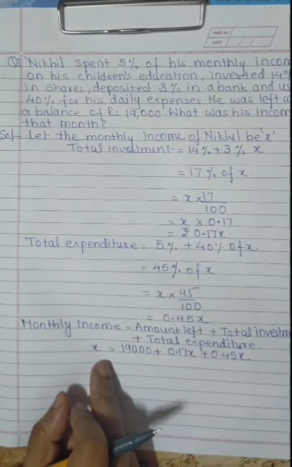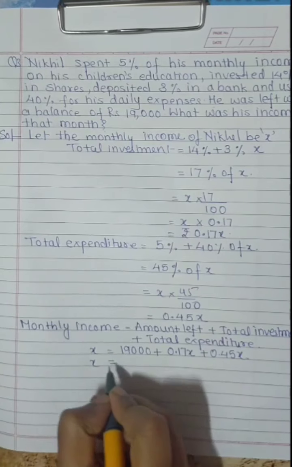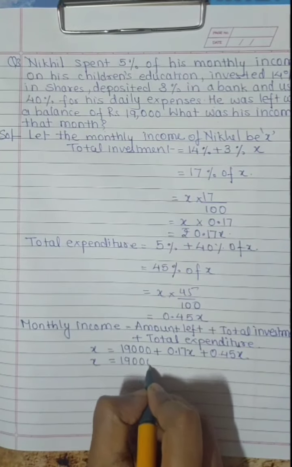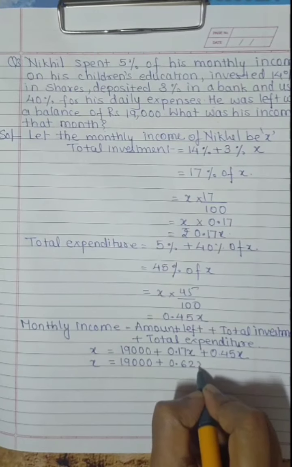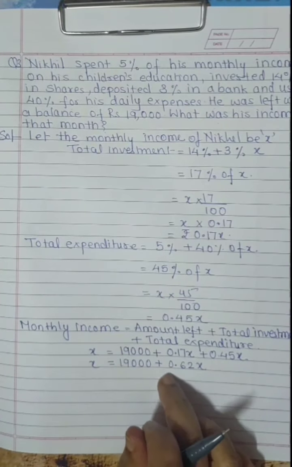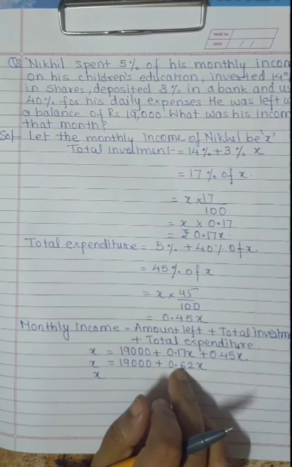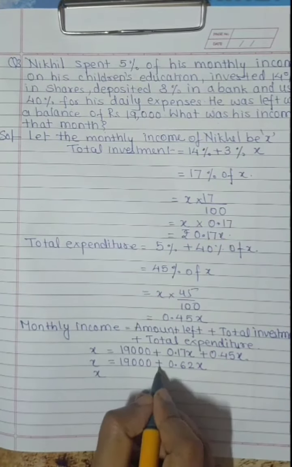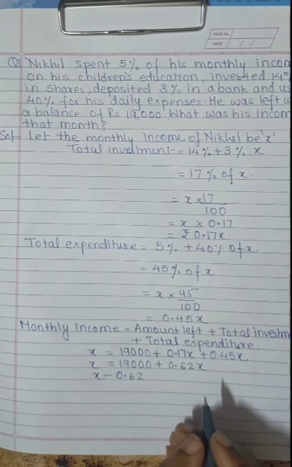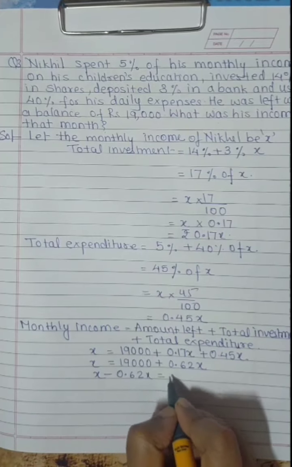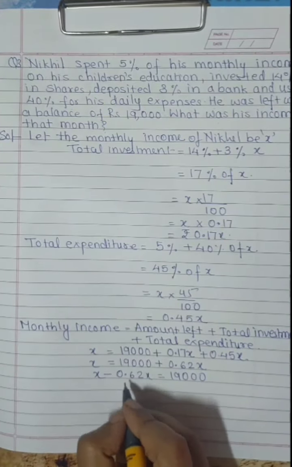After this we add both. x is equal to 19,000 plus 0.62x. So we take this to this side, so plus will become minus: x minus 0.62x equals 19,000.